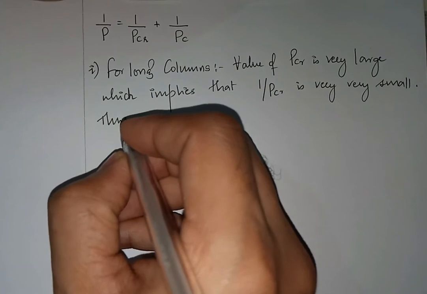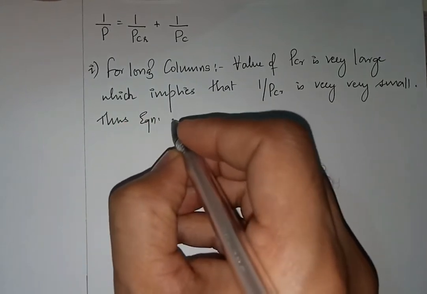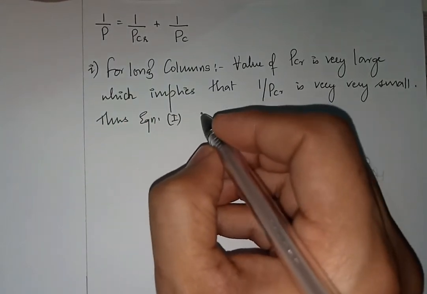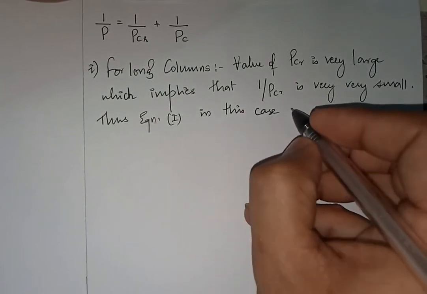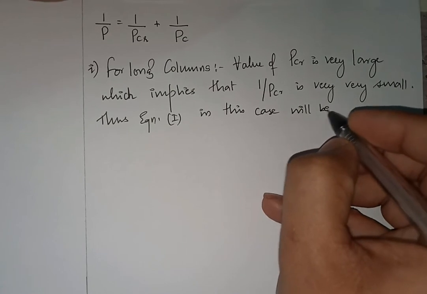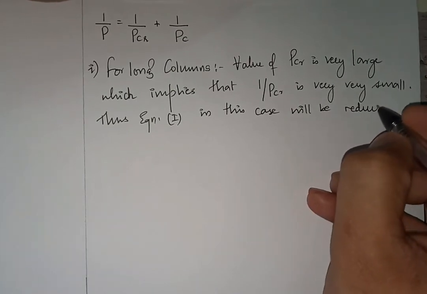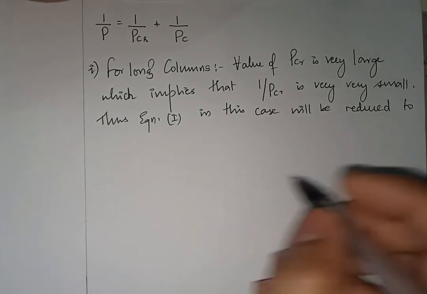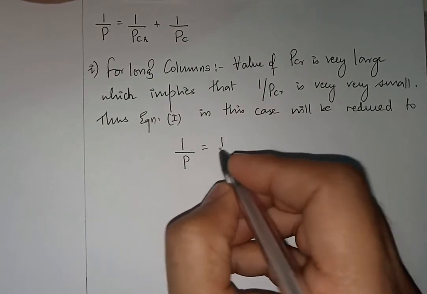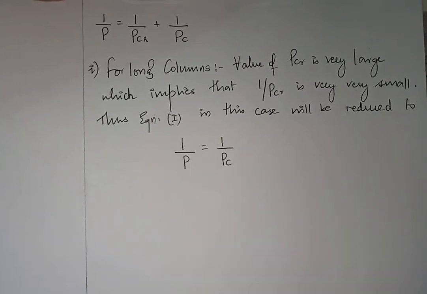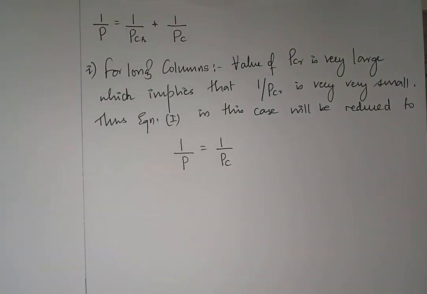Thus equation 1 in this case will be reduced to 1 by P is equal to 1 divided by PC. Right? So that is how Rankine's formula is reduced.